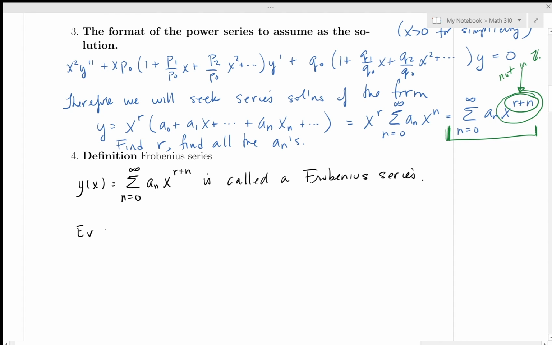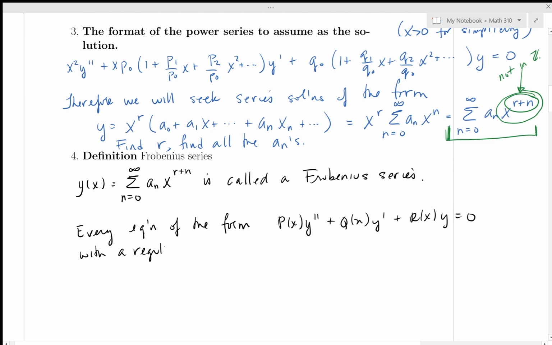Every equation of the form p(x) y double prime plus q(x) y prime plus r(x) y equals 0, so every linear homogeneous differential equation with a regular singular point at x equals 0, has at least one solution that is a Frobenius series.